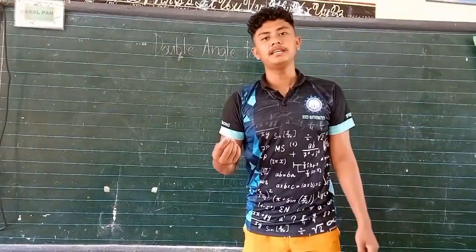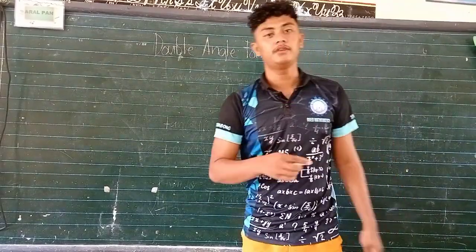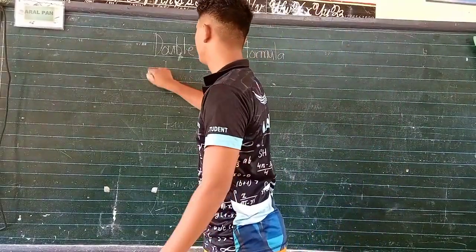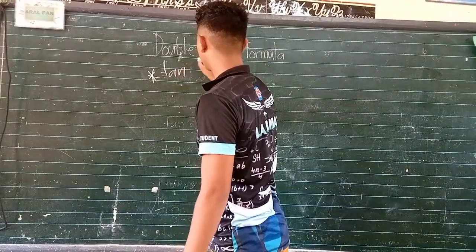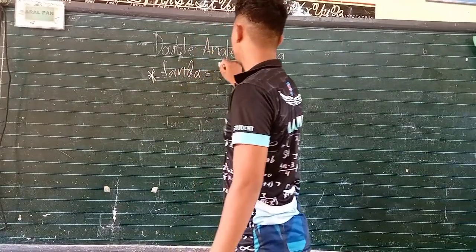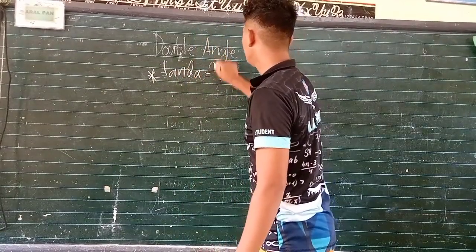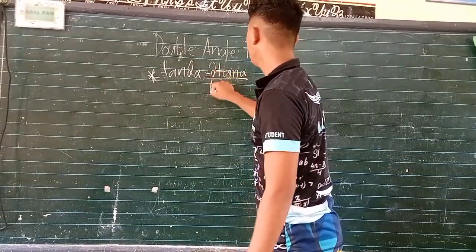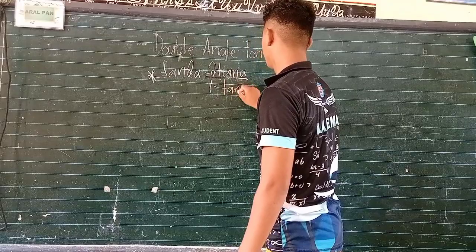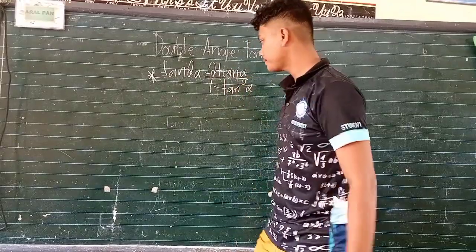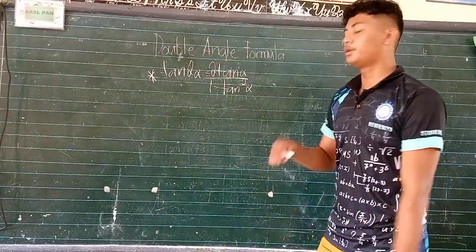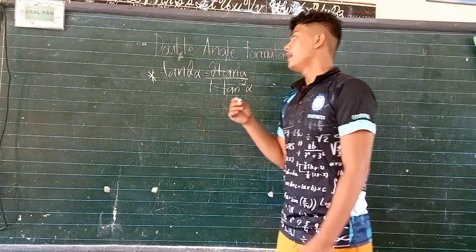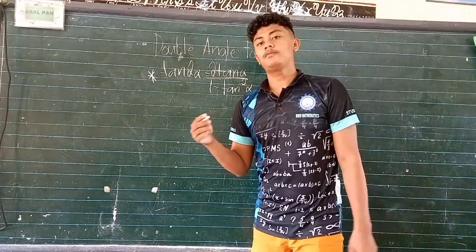So the third and the last formula for the double angle is the tangent. So tan 2 alpha is equal to 2 tan alpha over 1 minus tan squared alpha. To prove this, we can use the addition formula for the tangent.